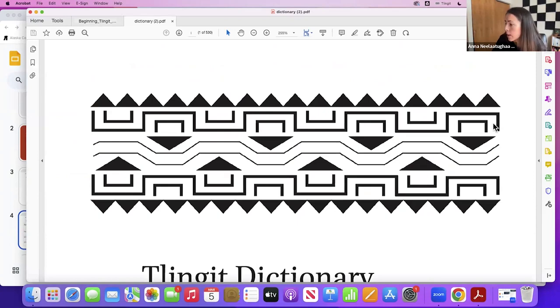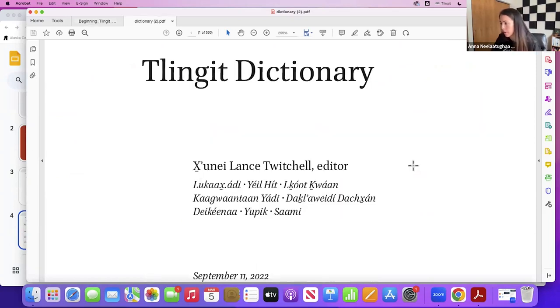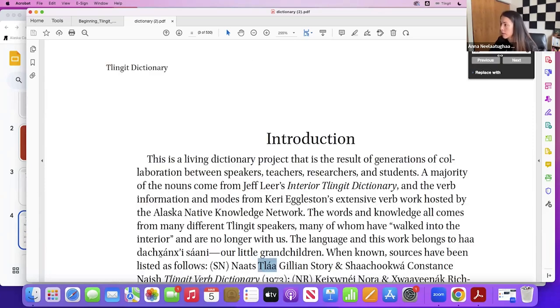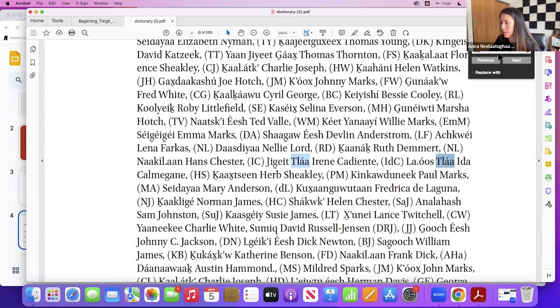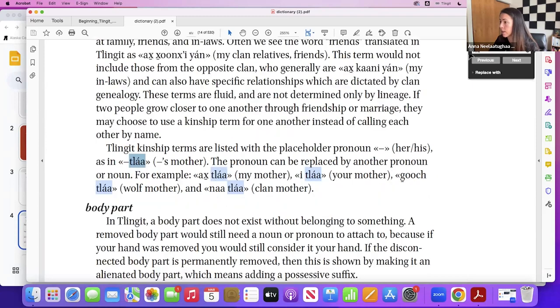So if I open the dictionary and look up mother, or actually I'm gonna look up tla. Oh, there's gonna be like 4,500 tla. Okay, wait.